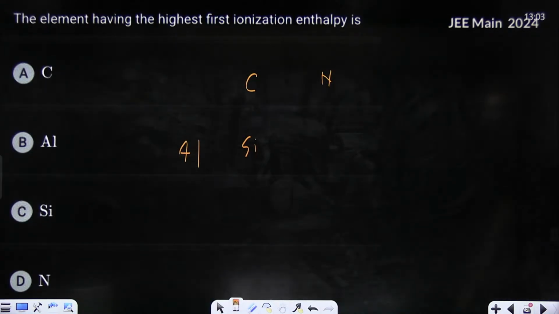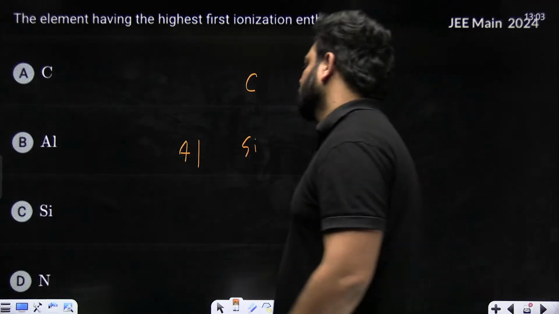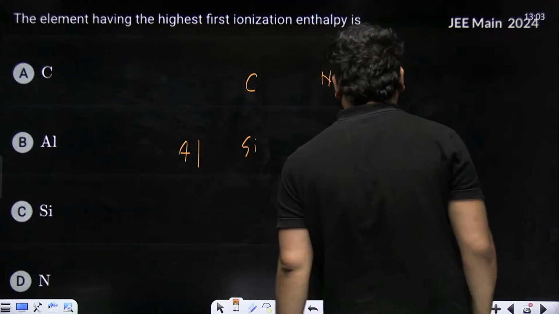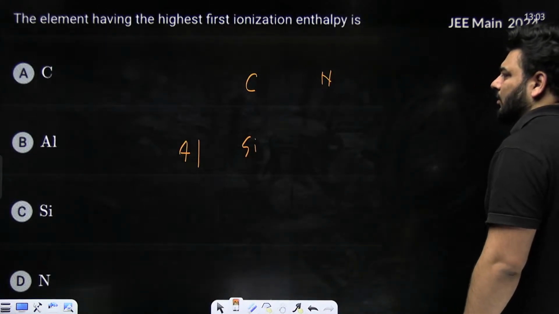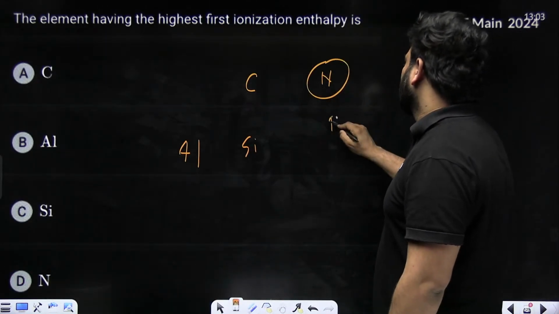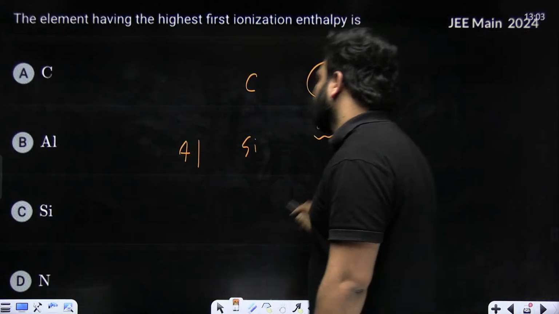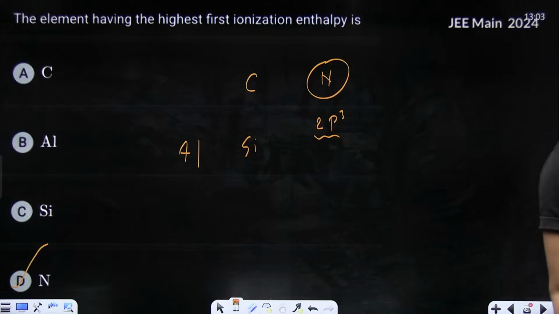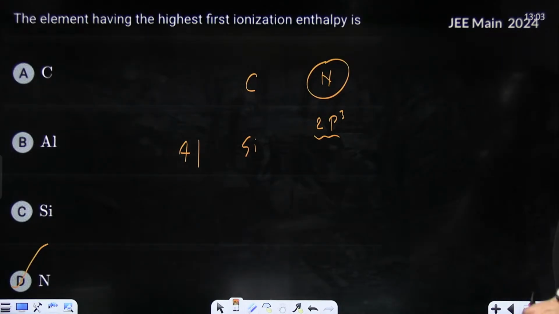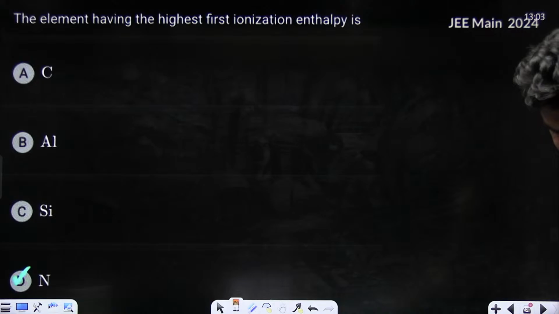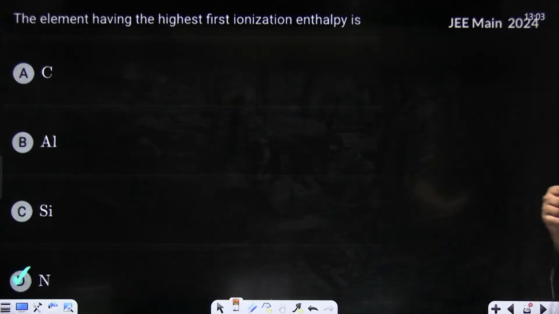So I think nitrogen is correct because of its stable p3 configuration. Let's try another question.